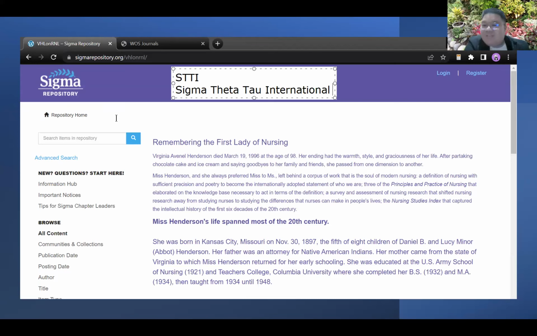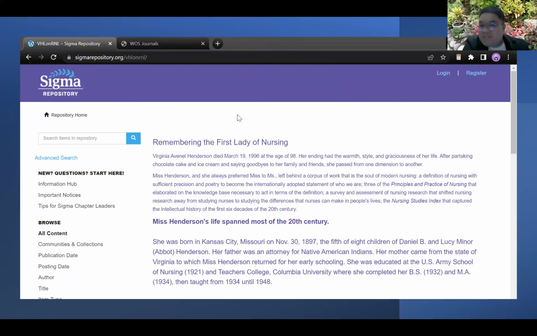Jean Watson, the theory on caring. I think Patricia Benner is also one of the members. Patricia Benner, your novice to expert model. So if you want to meet the big names in nursing, be a member of Sigma Theta Tau International. Do you have any questions so far with those topics that we've talked about?